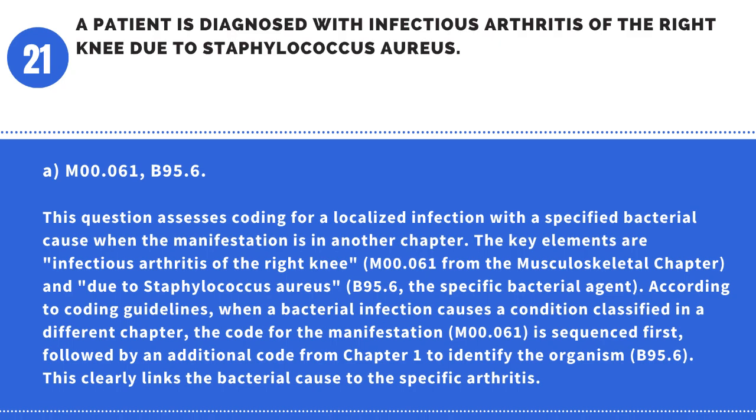According to coding guidelines, when a bacterial infection causes a condition classified in a different chapter, the code for the manifestation, M00.061, is sequenced first, followed by an additional code from Chapter 1 to identify the organism, B95.6. This clearly links the bacterial cause to the specific arthritis.